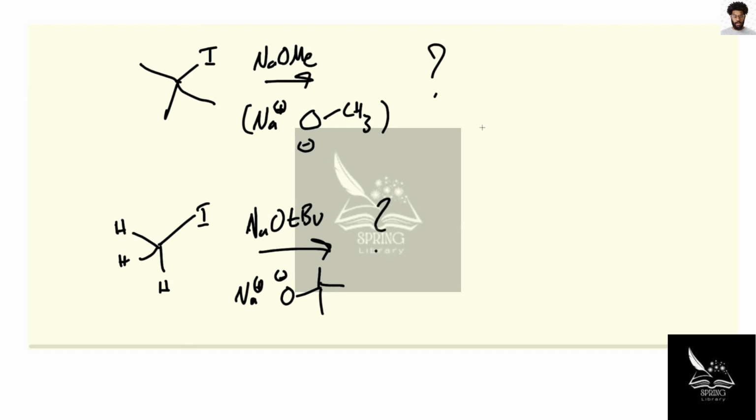We know that one of them is going to give us the following: methyl t-butyl ether. Well, in each case, we've got a rather strong nucleophile, right? We've got a charge on an oxygen. That's looking pretty nucleophilic.